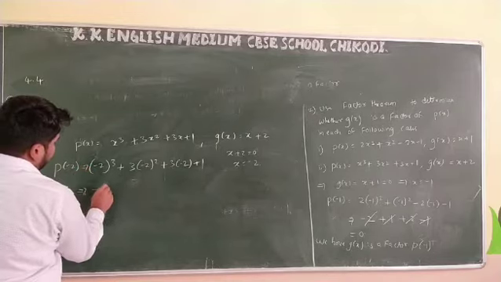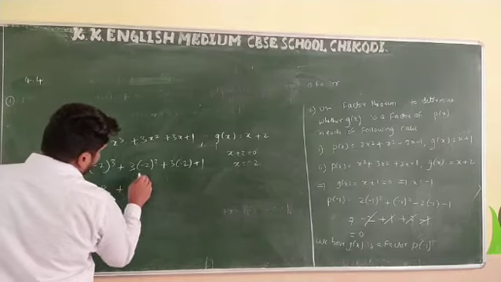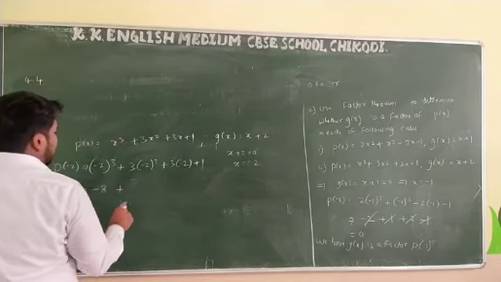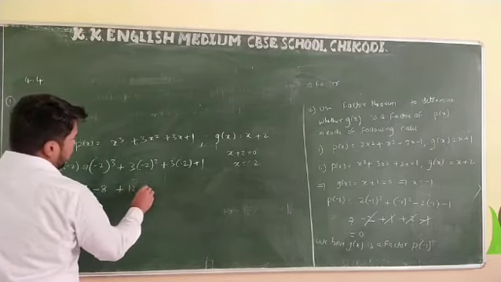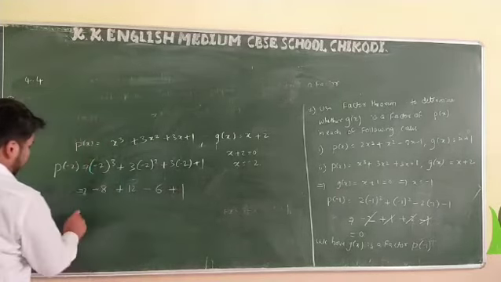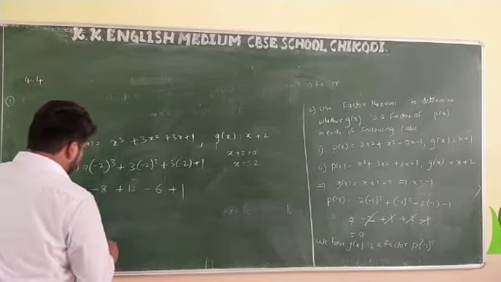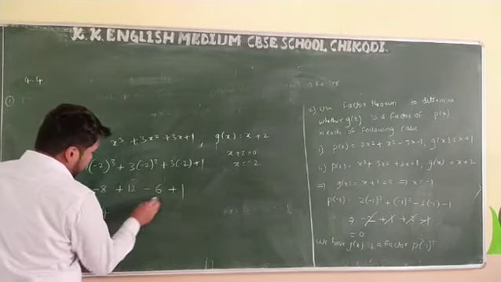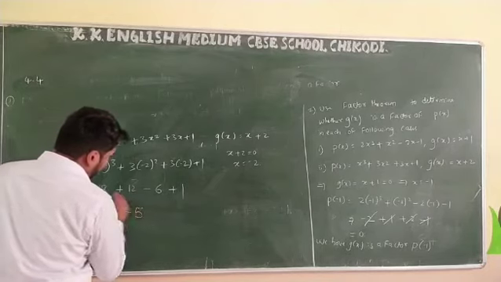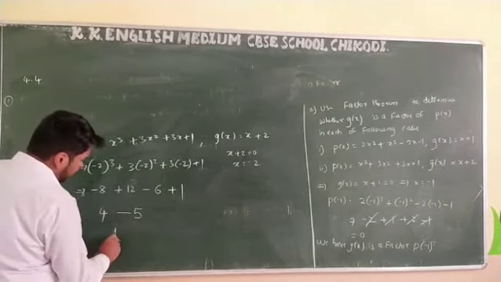This implies minus 8 plus 3, that is 3 square is 4, 4 3s are 12, that is plus 12. This we get as minus 6, this we get as plus 1. So minus 8 plus 12, that is plus 4, and this we get as minus 5. So 5 minus 4, that is minus 1.